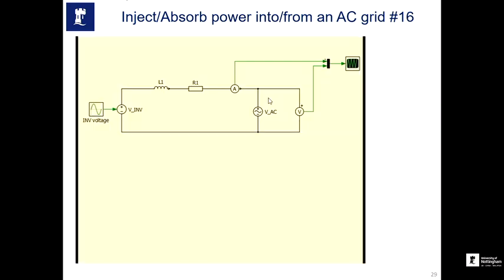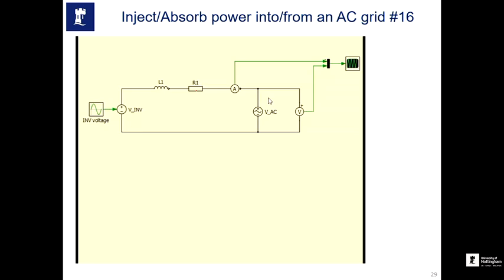Okay, let's have a look at this simple video, which, as you can see here, is a Plexim simulation. You have two voltage sources. One is the inverter AC voltage generated by the inverter circuit, and VAC is the grid voltage. In between you have the inductor.